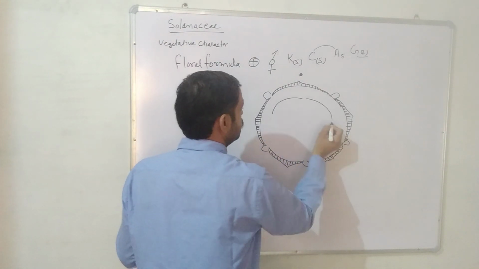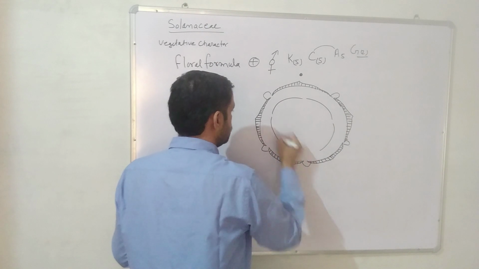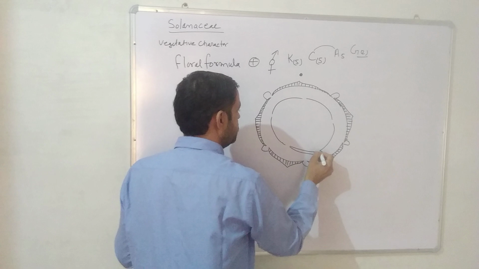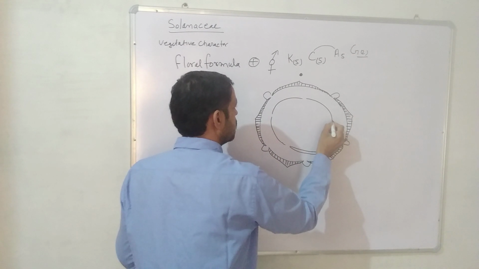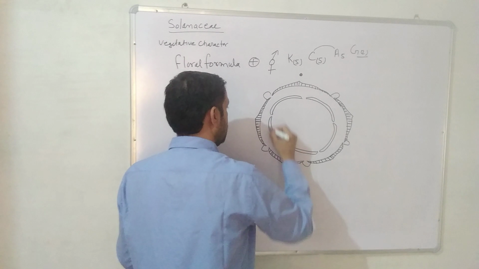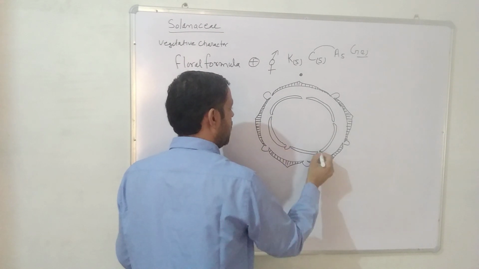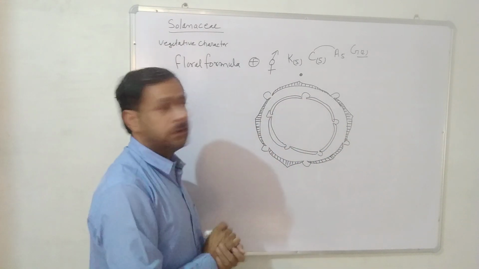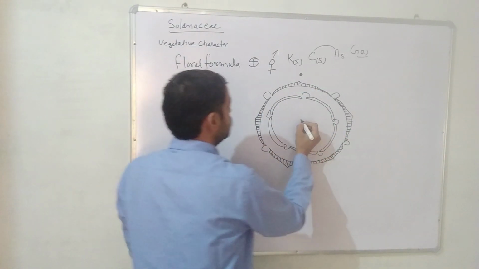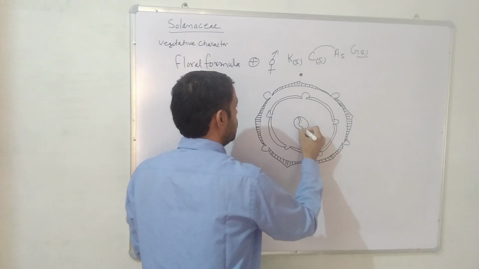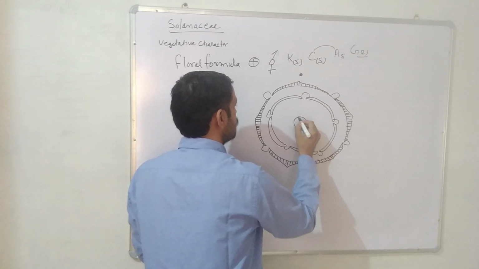1, 2, 3, 4 and 5. There are 5 petals in Solanaceae, and the aestivation is also valvate. Then gynoecium. Gynoecium is bicarpellary with many ovules, and the placenta is swollen.